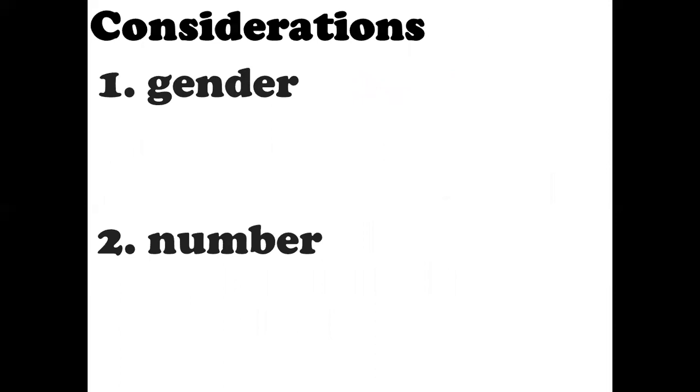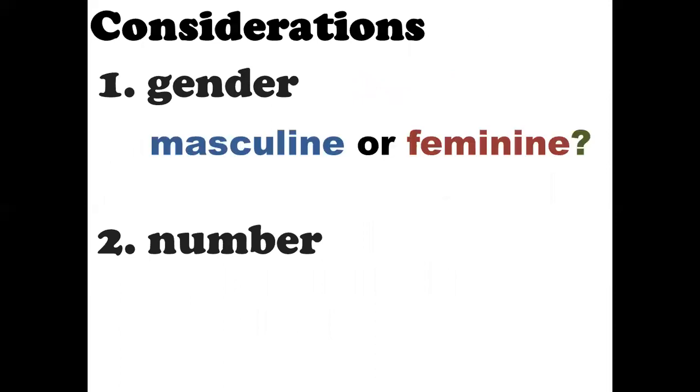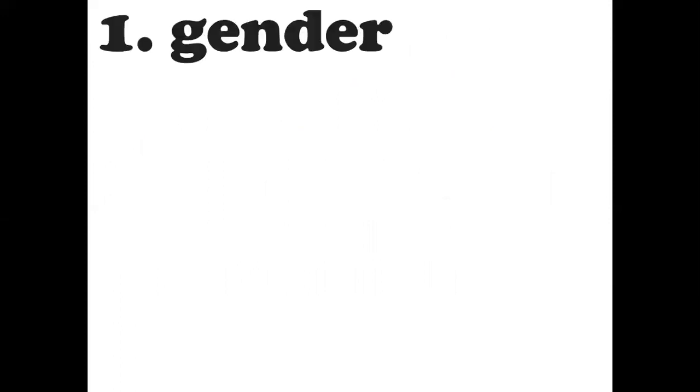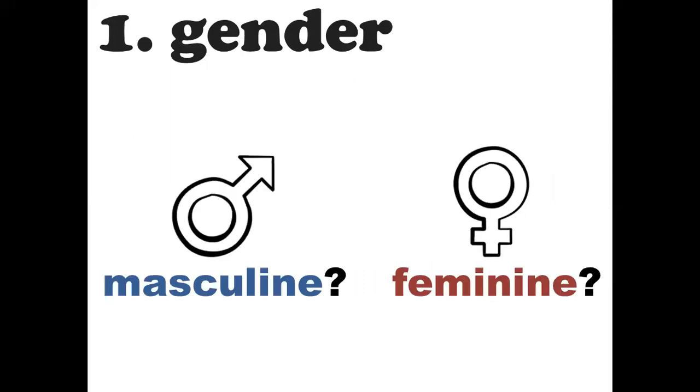So there are considerations, the same considerations that you make with nouns. Masculine or feminine, what's the gender of the noun, because the adjective is going to match it in some cases. And the number, is the noun singular or plural? And the adjective will change according to that noun. So let's address gender first, all right? Masculine or feminine.